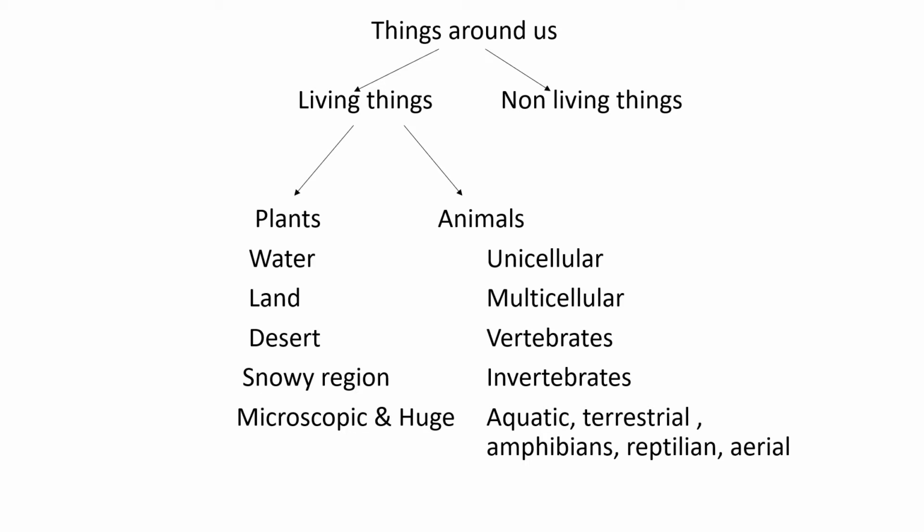Unicellular means the animal which is made of only one cell, for example amoeba and protozoa. Vertebrate and invertebrate animals: vertebrates are the animals which have a backbone system, and invertebrates are the animals that don't have a backbone. Like plants, animals also live in water, on land, or in the air: aquatic, terrestrial, amphibians, reptiles and aerial. So many varieties of plants and animals we can see in the world.